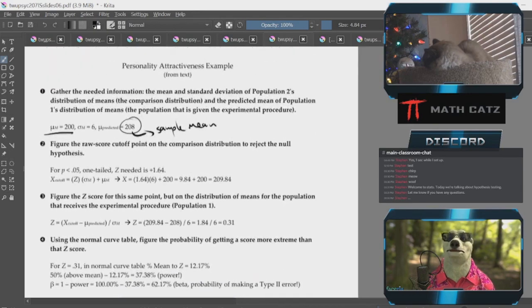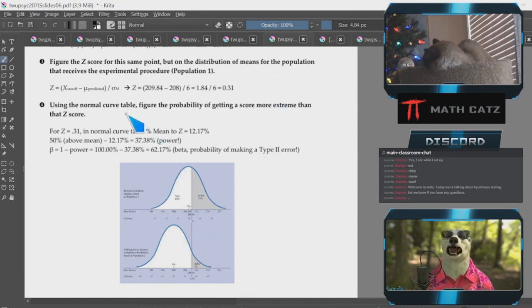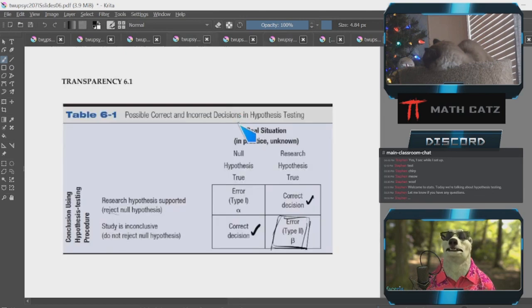And in that distribution, I have a little picture here as well. It's just a little small. For that one, we look it up in the table and we get a power of 37.38. That means that we correctly rejected the null hypothesis. So over here, this will be power.